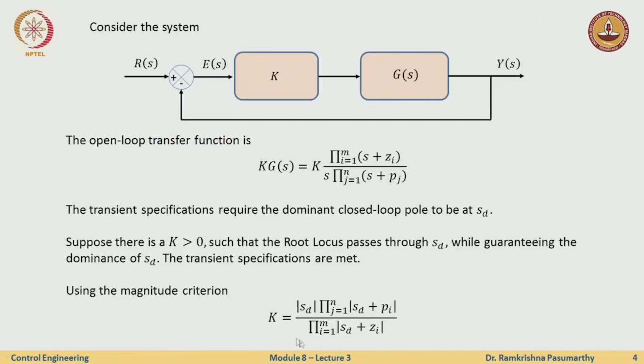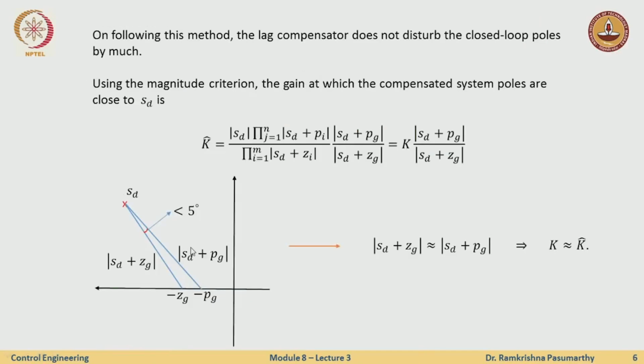Earlier we had computed the gain to be something like this, right, in such a way that SD was passing through the root locus. Now how much does the gain change when I add a lag compensator? So k cap, which is the total gain when I add a lag compensator, is the original gain k plus this extra factor.